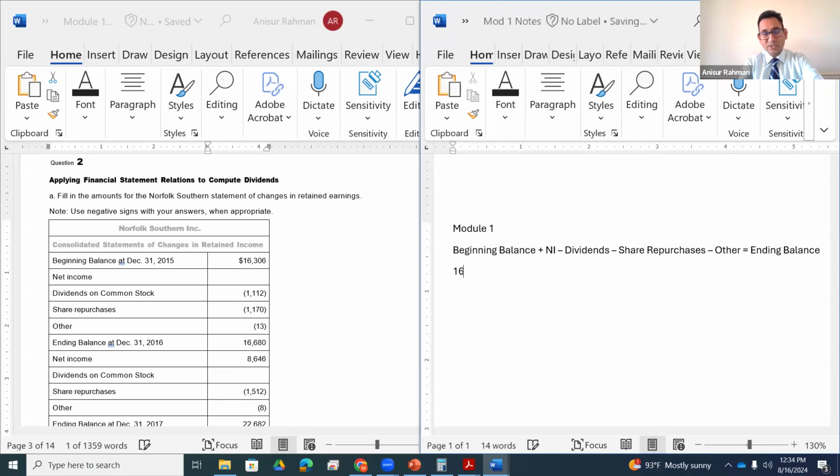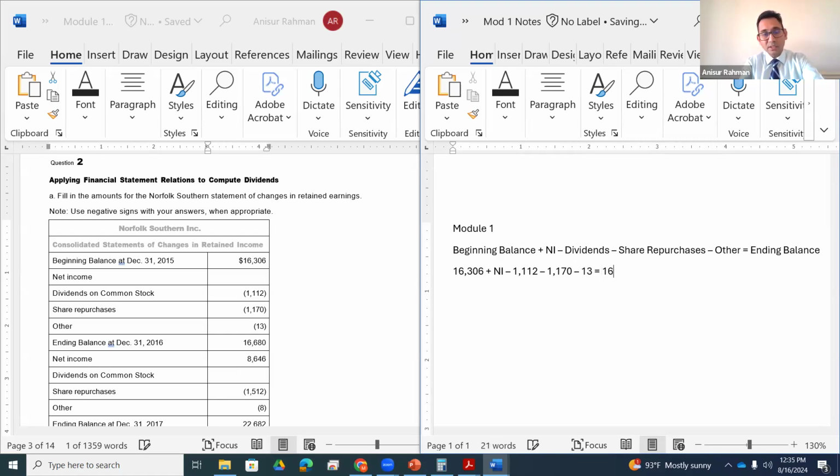So we have 16,306 as beginning balance. Net income, we do not know. Dividends, 1,112. Share repurchase, 1,170. Other is 13.